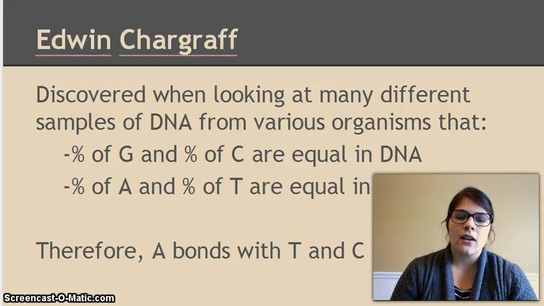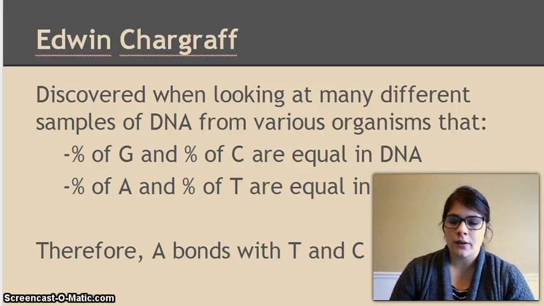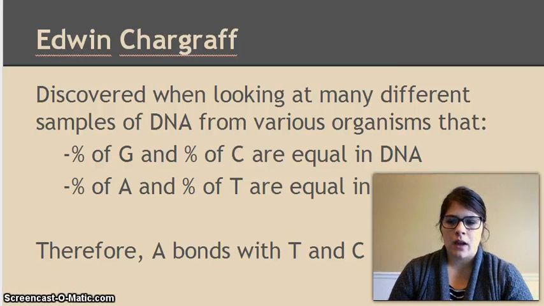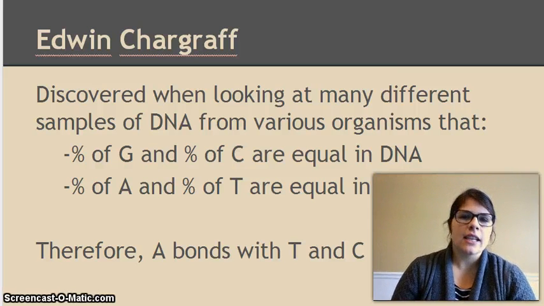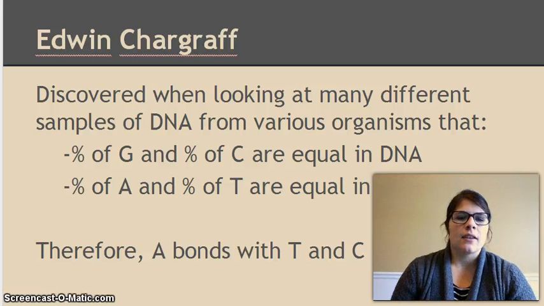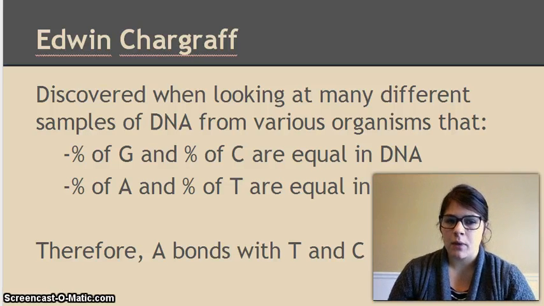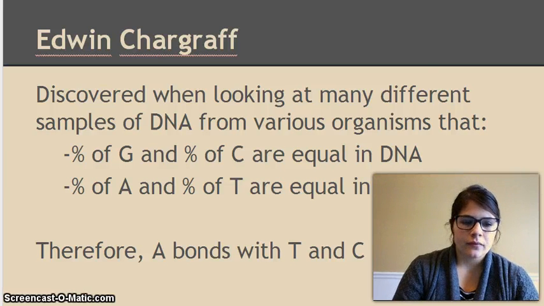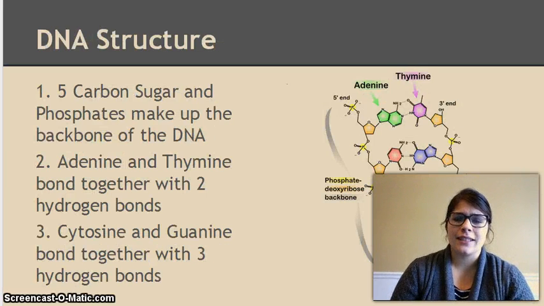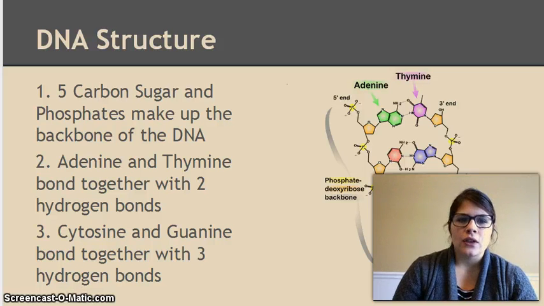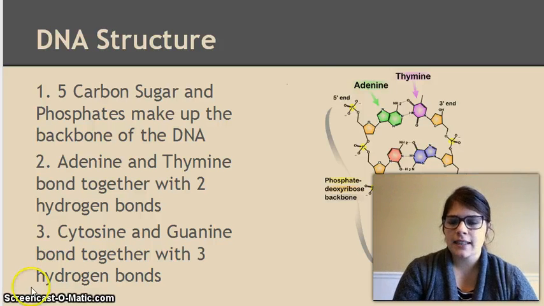So what he found was A will bond with T and C will bond with G. Now that was very interesting because you have a single ring and a double ring being bonded together. Let's take a look at our DNA structure then. So DNA structure, like we've talked about, has a 5-carbon sugar and phosphate, and that makes up our backbone.